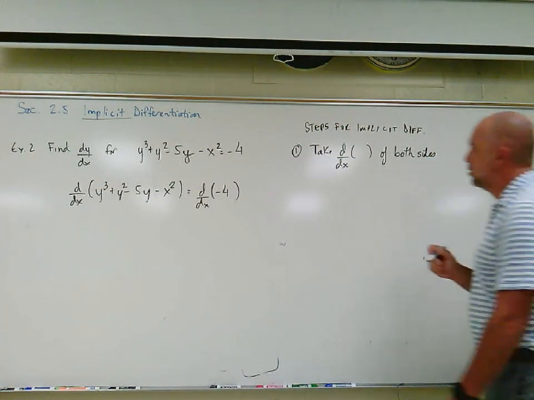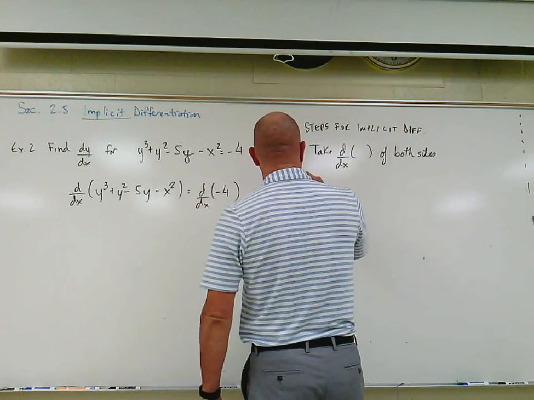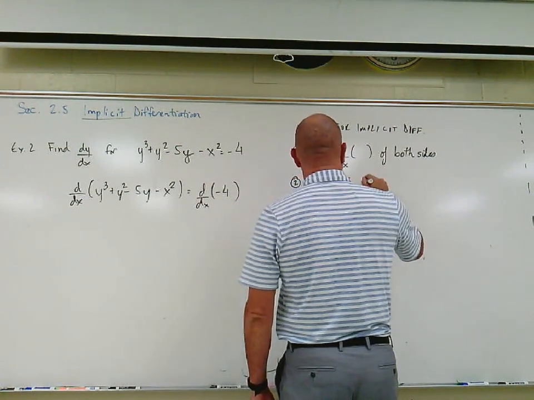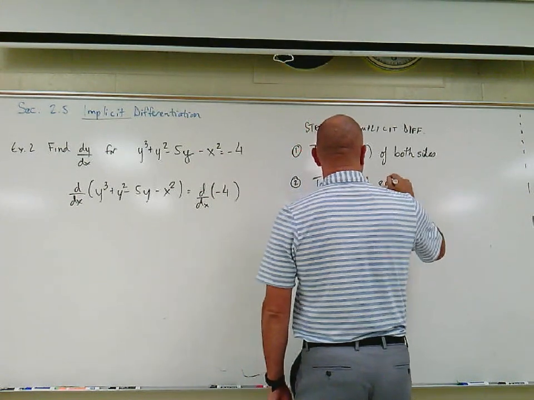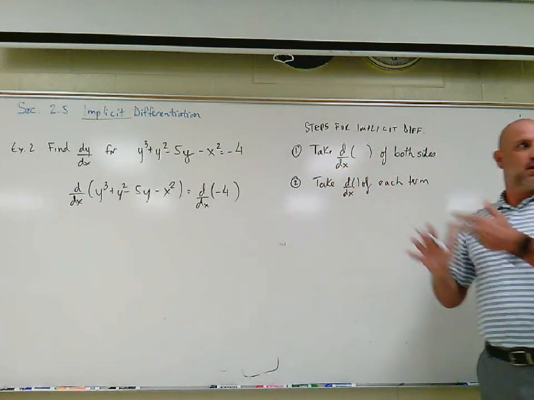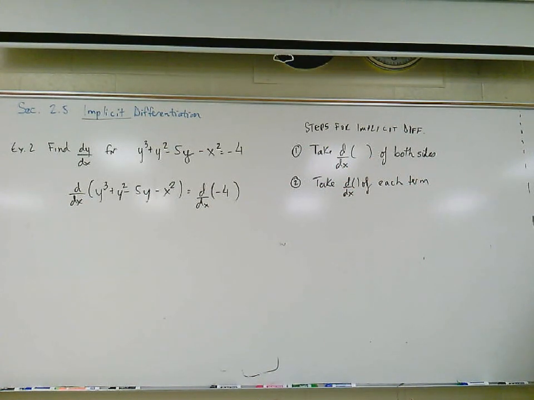Then the next thing is you can take derivative with respect to x of each term, right? If it's adding and subtracting, you can split it up. So you should actually have 4 derivatives on the left.